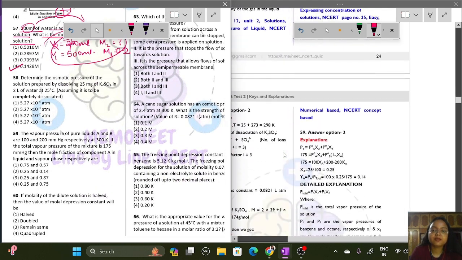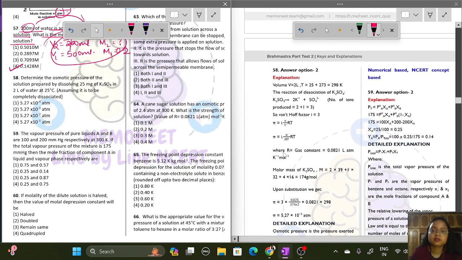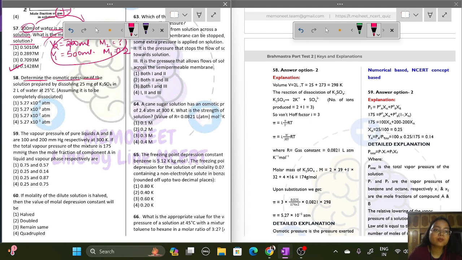For question number 58, determine the osmotic pressure of the solution prepared by dissolving 25 milligram of K2SO4 in 2 liter of water at 25 degrees Celsius, assuming it to be completely dissociated. Osmotic pressure, which means pi, we have to find out.